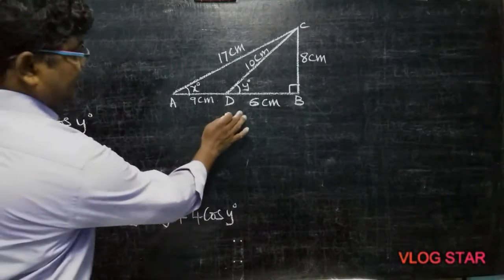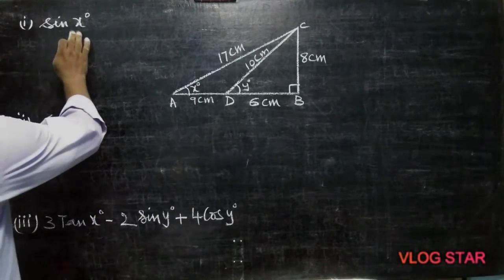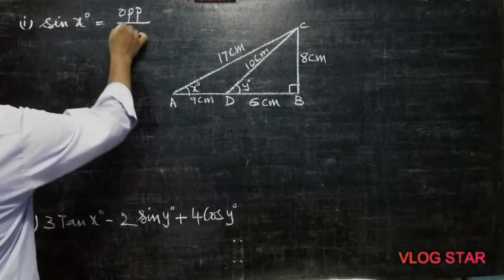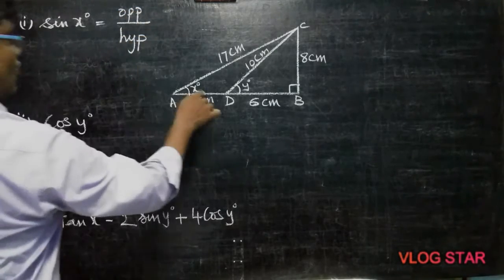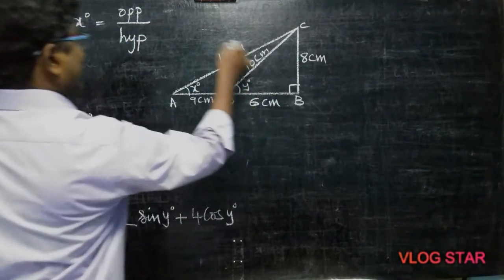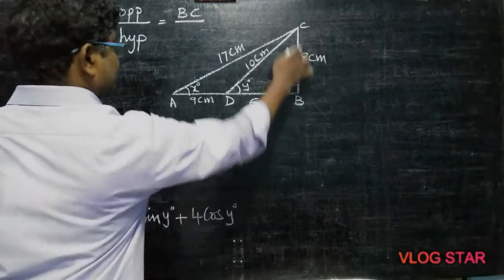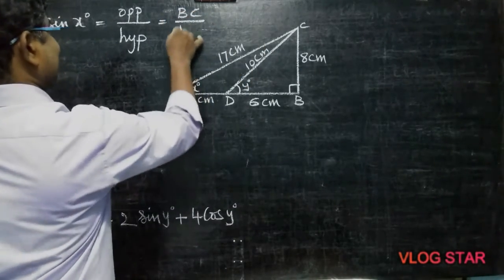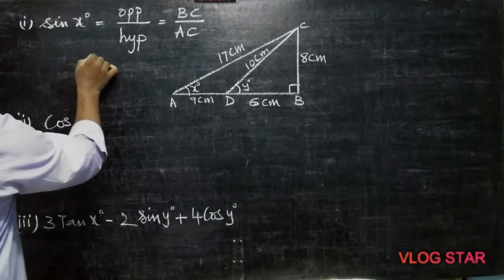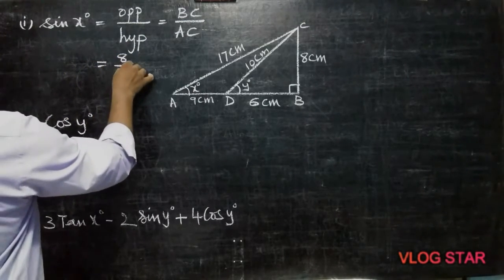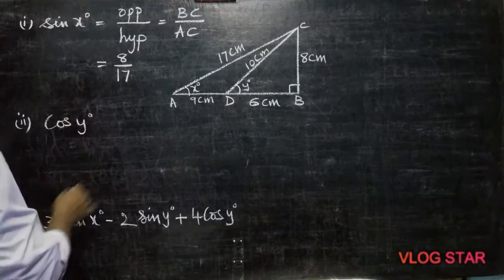Now from this adjoining figure, they are asking to find the values. Sin x means opposite to x degrees by hypotenuse. What is opposite to x degrees is BC, and the hypotenuse is AC. BC is 8 and the hypotenuse is 17. So 8 by 17 we got.